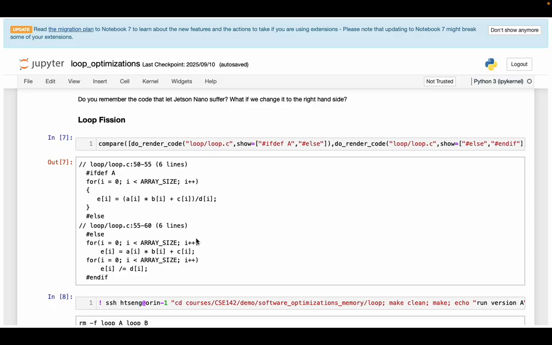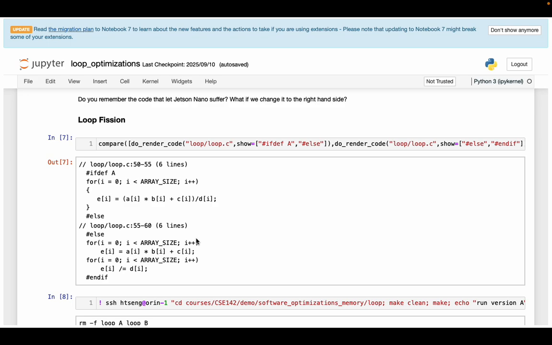In the first part, I only perform everything before the division and store it in E[i]. And finally, I divide each E[i] element by D[i] with the second loop. These two should generate the same result. Do you all agree with that?